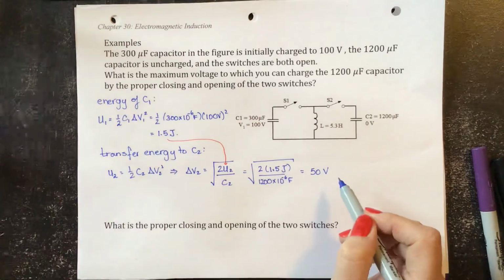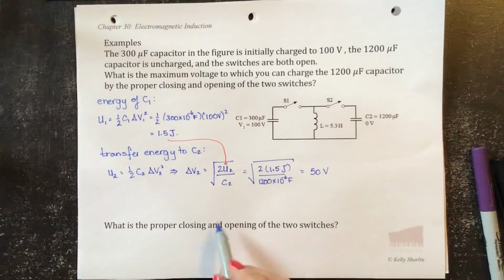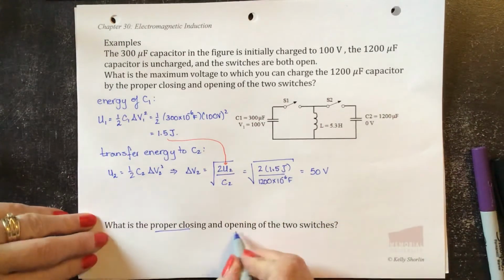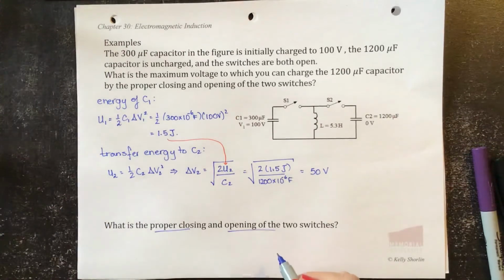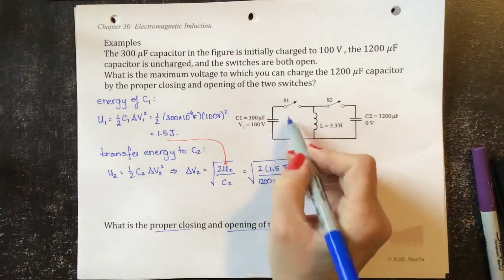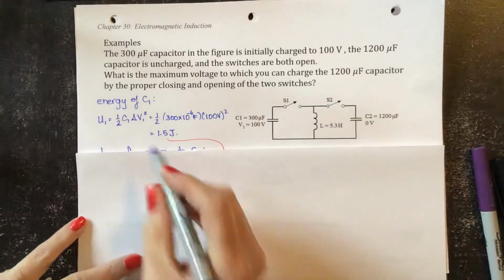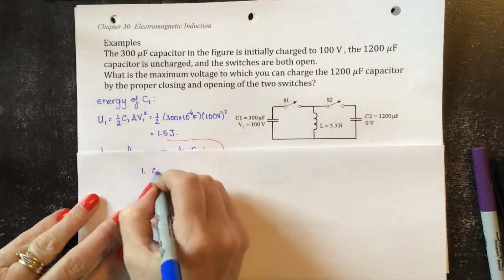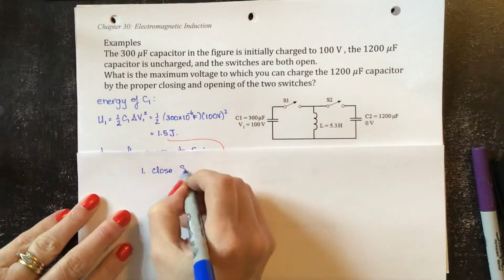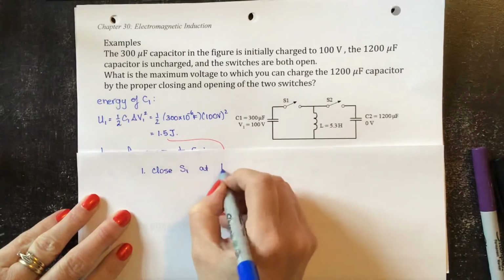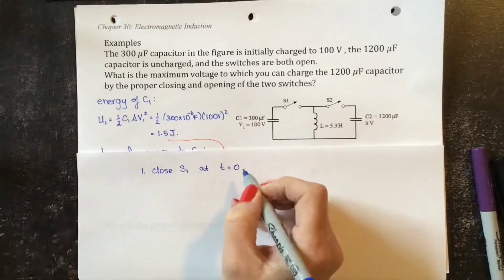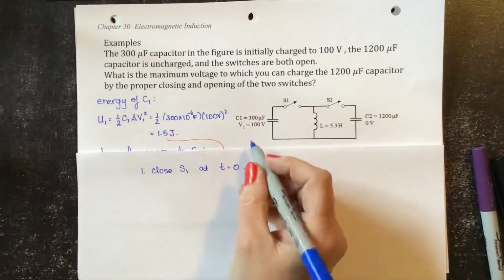Okay, so now the slightly tougher part. What do we mean by the proper opening and closing of the two switches? So let's think about what happens in the system. First thing we're going to do is we're going to close switch 1 at t equals 0. So that'll be our first step. So what happens when we close switch 1?